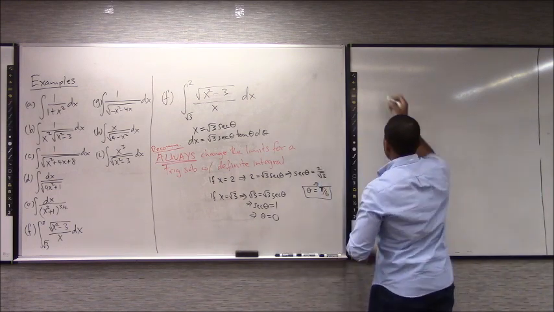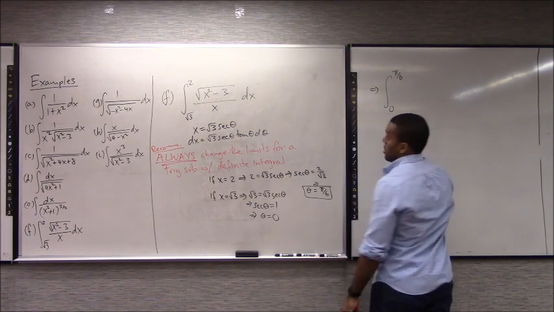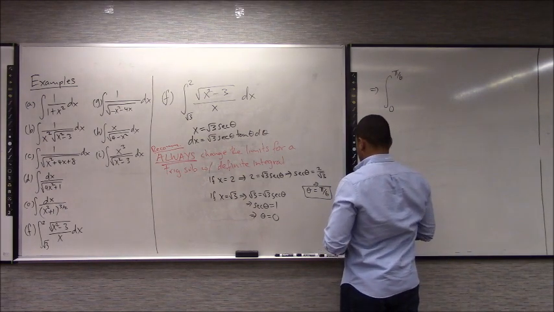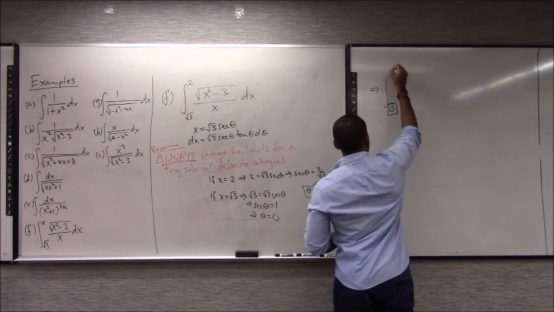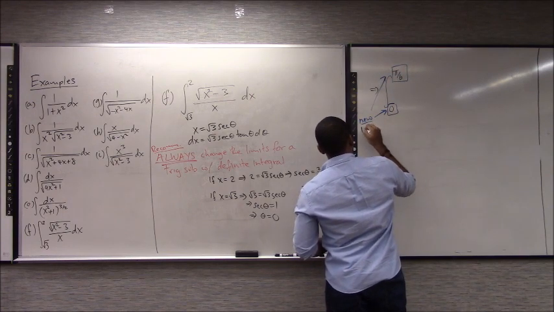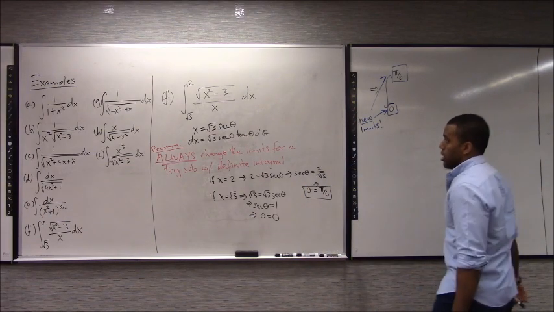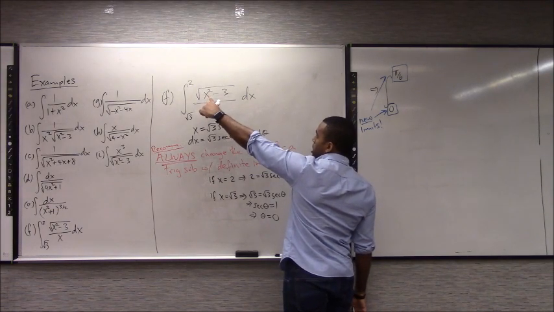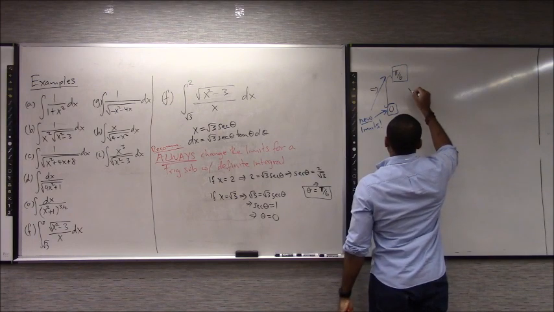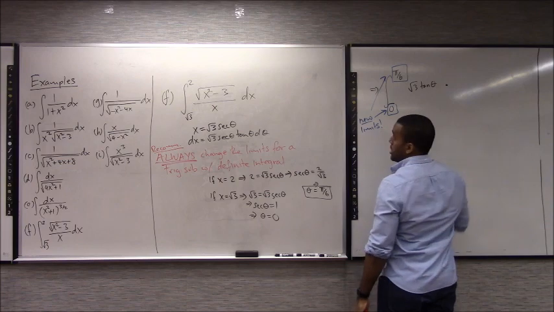So now the integral is going to become the integral from 0 to pi over 6. New limits. And of course I plug in radical 3 secant here. That's going to give me 3 secant squared minus 3. That's going to give me radical 3 tangent times the dx.